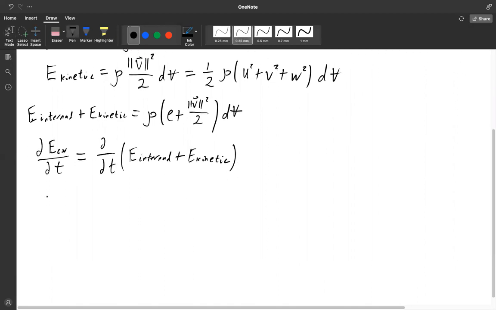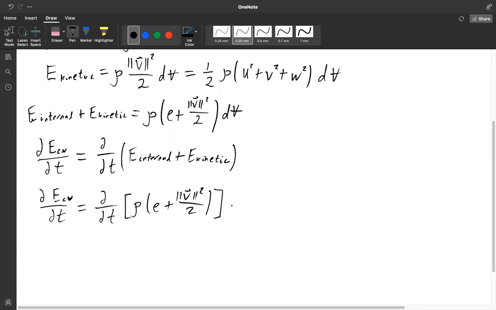That will give us partial E_CV over partial t equals partial t of the integral of rho times e plus velocity magnitude squared over 2 dV.